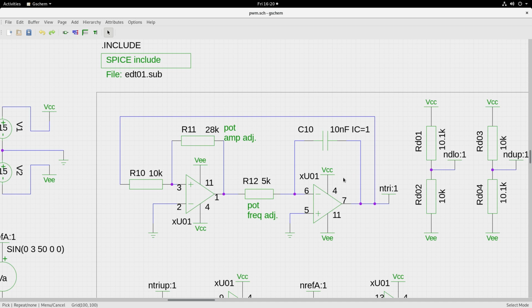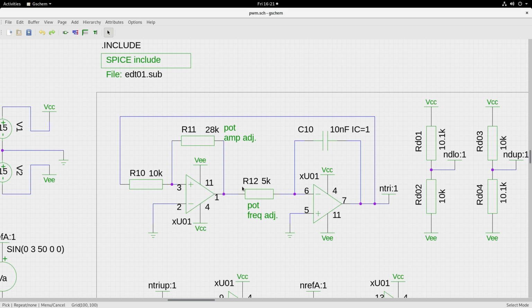So this is integrating. The output of the integrator, I am giving it to a comparator. It's a comparator with hysteresis. So once the value of the integrator crosses the threshold, the trip points, you will see the output here going high or low.